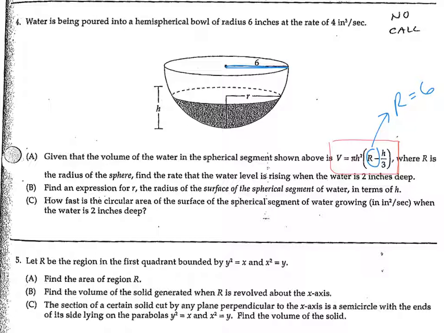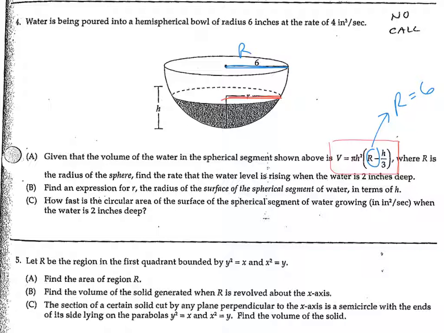You've got the constant radius of the hemispherical bowl, and then you have the changing radius of the water level, or the circle of water. Depending on how big that is or how full the bowl is, that radius is going to get bigger and smaller. So what they've done is they've come up with a formula with just the big R being defined as that unchanging radius. And you don't have to worry about the little r in that particular part.